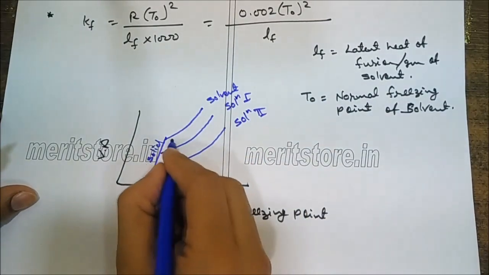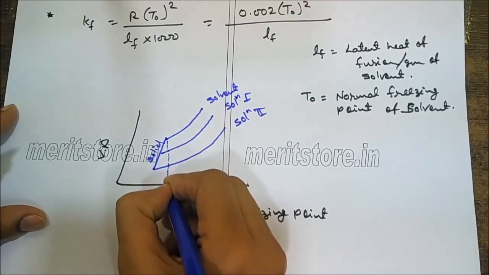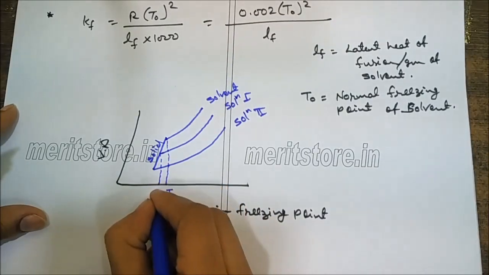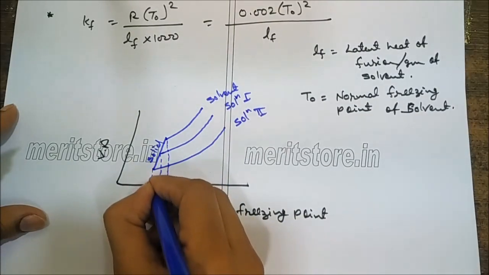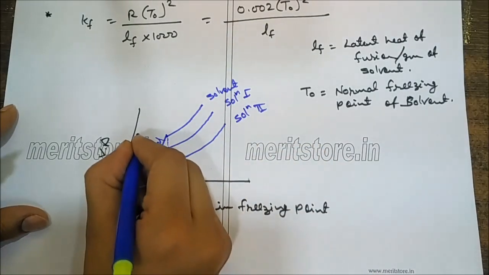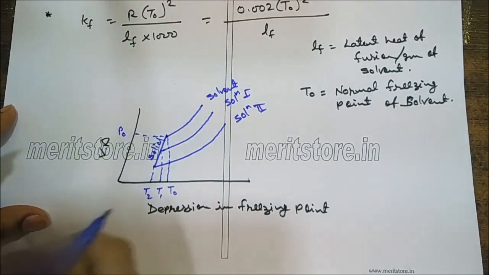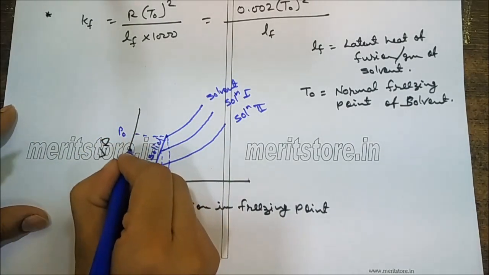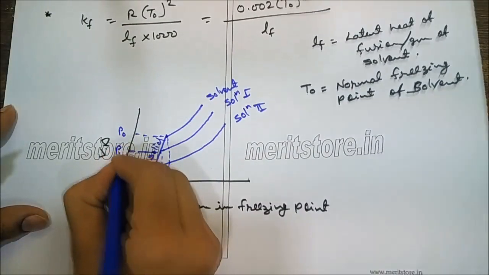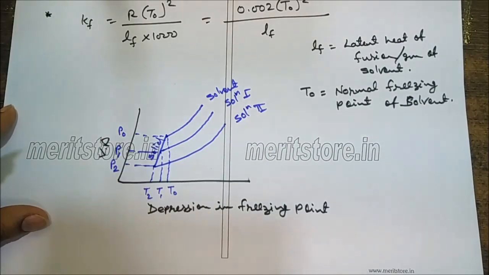So the freezing point for the pure solvent is T0, this is T1, and here it is T2, and this is our vapor pressure for pure solvent, and here it is vapor pressure for solution 1 and the vapor pressure for solution 2.